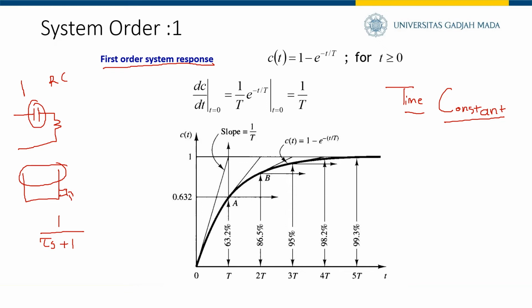Time constant is the time or duration needed for the system to reach 63% of the system response. For this case the final value is 100%. So to reach 63% of the response, it needs this time constant. Then it will settle at 4 times the time constant.